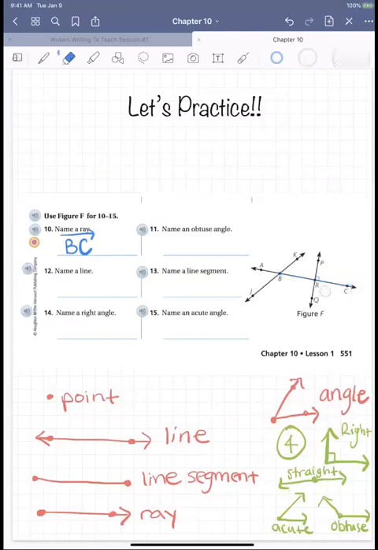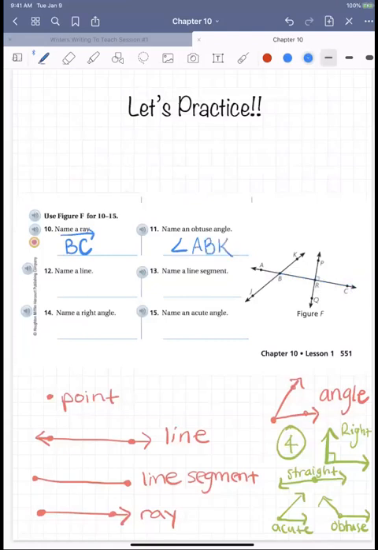All right, this next problem, number 11, is asking us to name an obtuse angle. So remember, our angle sign is going to go first. Angle, and then I have to find one that's an obtuse angle. So I'm looking for one that's greater than a right angle, or that's square. I'm going to say angle ABK.